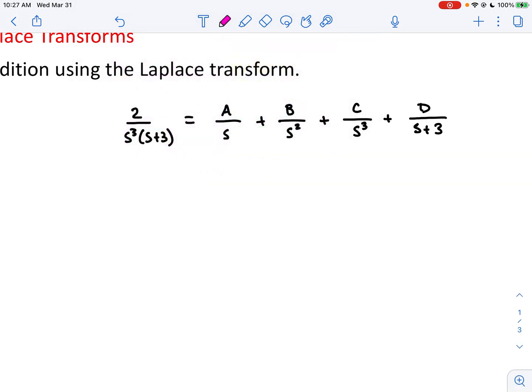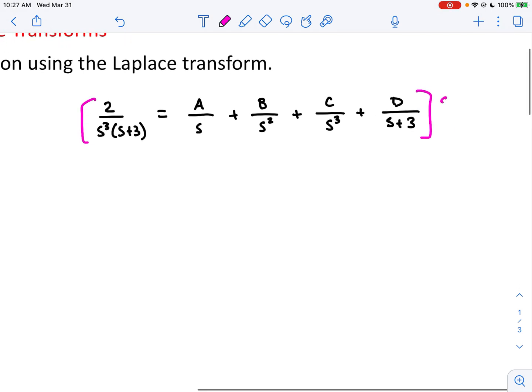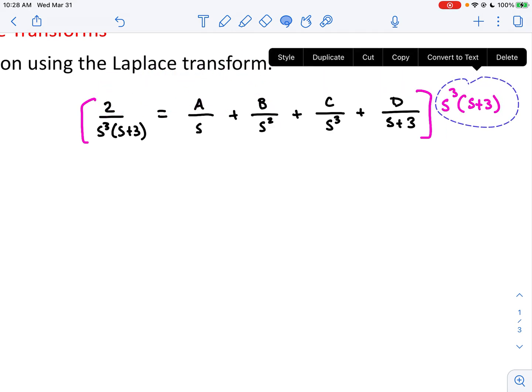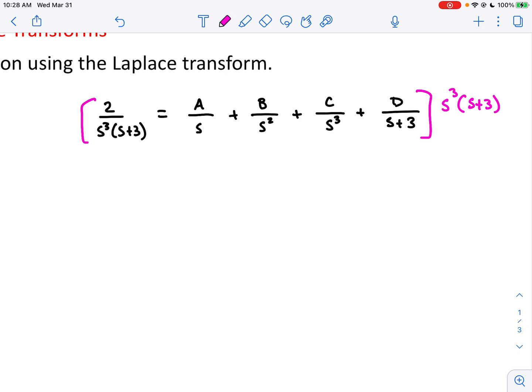Now what we're going to do is multiply both sides by the denominator, which is s cubed times s plus 3. And then we're going to distribute this to each of these fractions and on both sides of the equation, and do the simplification as we go. So on the left side of the equation, the denominator will cancel entirely, leaving just 2.